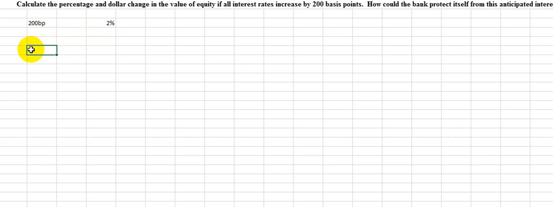Let's start with the percentage change in equity.